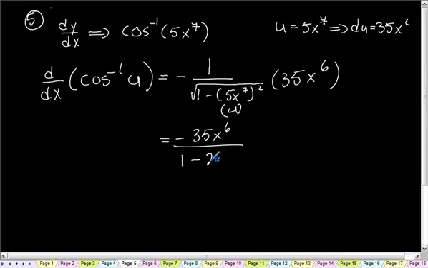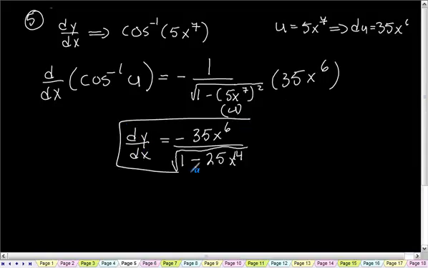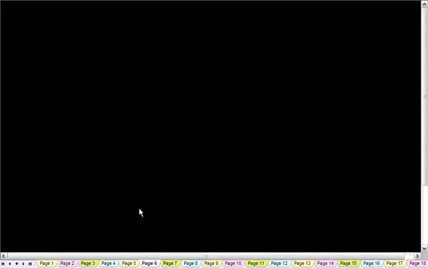This becomes 25. X to the 7th to the 2nd power becomes x to the 14, inside the radical. And that is dy dx. That's number 6.